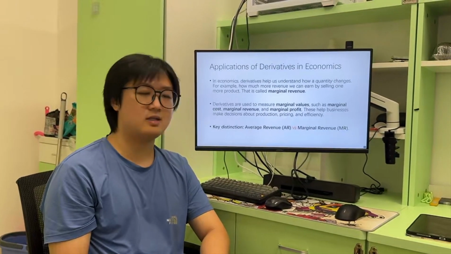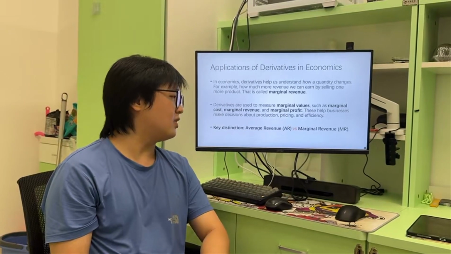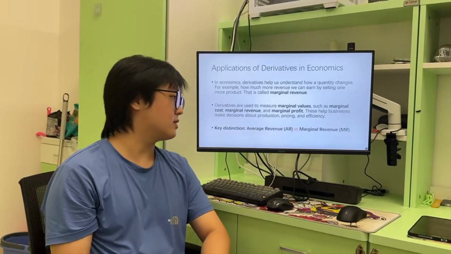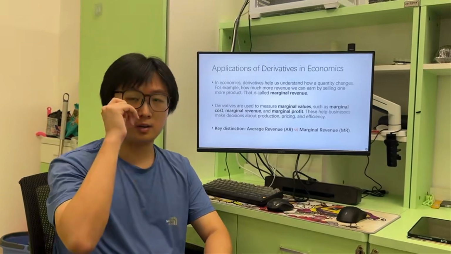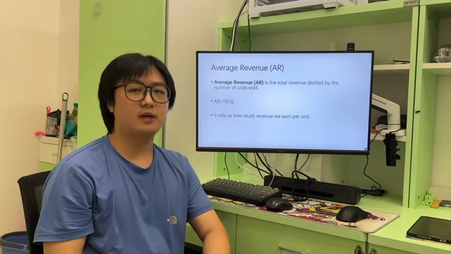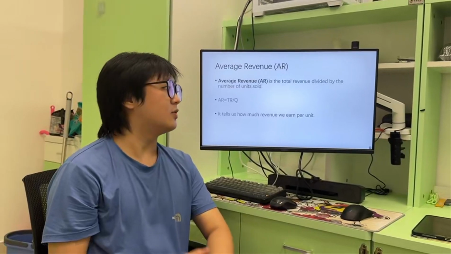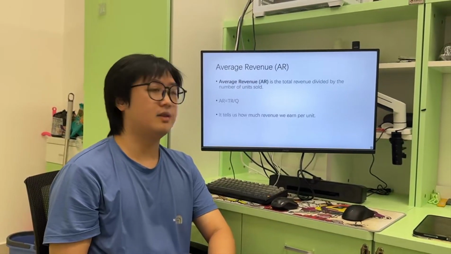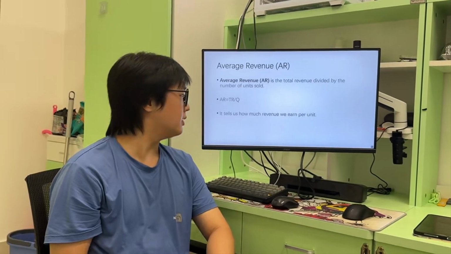And a key distinction is average revenue, AR, versus marginal revenue, MR. Average revenue AR is the total revenue divided by the number of units sold.